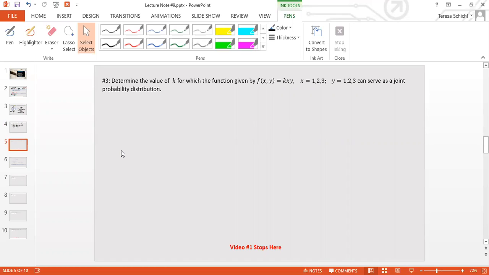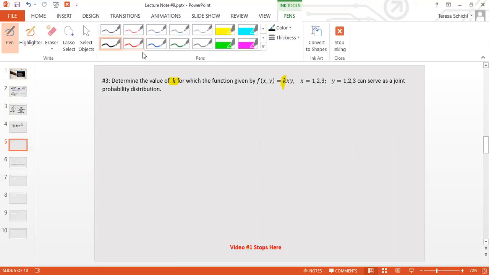So let's say this is number 3. It says determine the value of k for the given function f of x, y equal to k times x times y, where x equals 1, 2, 3 and y equals 1, 2, 3, so that it can serve as a joint probability distribution.